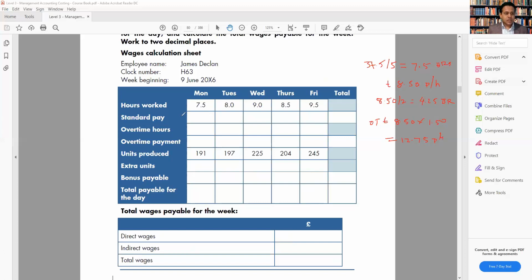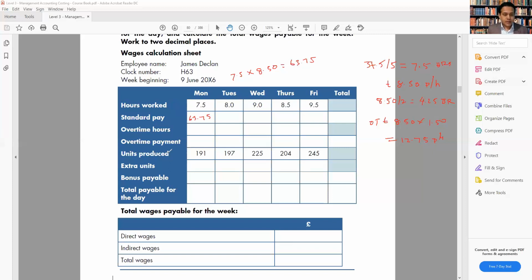That will give you the total. So that is how much? 63.75. Thank you, Sharon. That is the way you calculate it. 7.5 hours, and per hour is 8.50. 63.75.